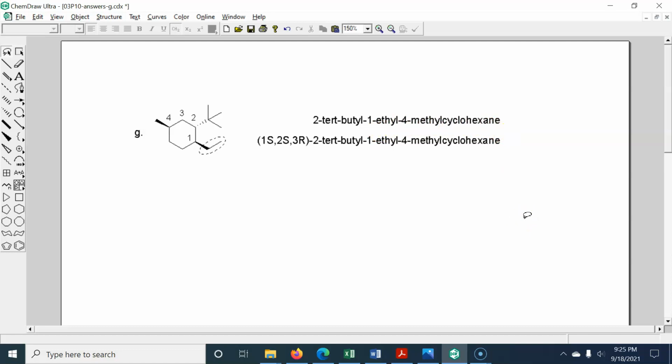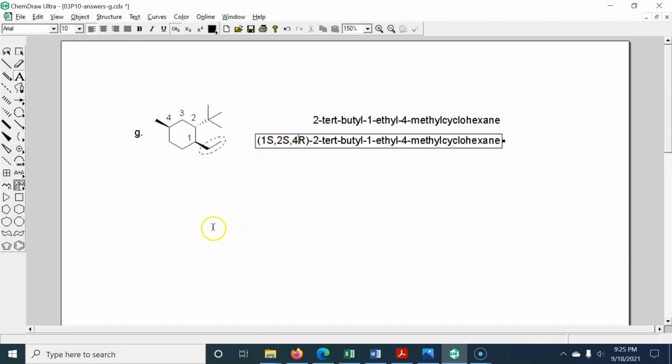Now, if it's essential that we get every wedge and dash correct, your professor may ask you to point out the stereochemistry, which is the R and S notation. Oh, I made a mistake. That should be a 4R, because we have substituents on carbon 1, 2, and 4.